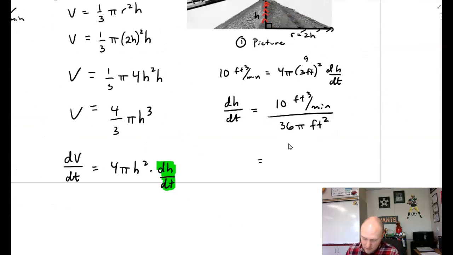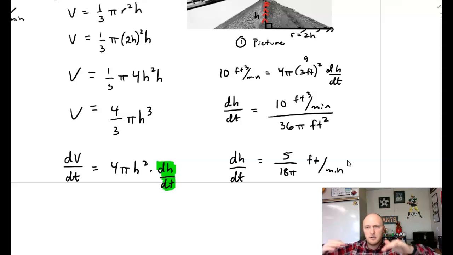So if we reduce by 2, we have 5 over 18 pi feet per minute. The feet squared cancel out with feet cubed, and I have feet per minute. Here is dh/dt.